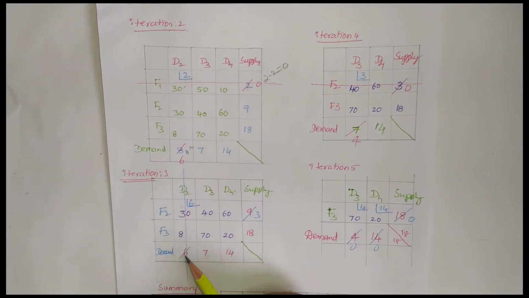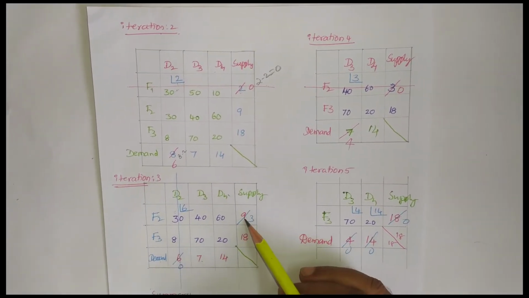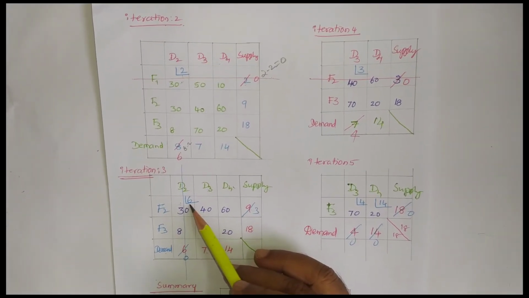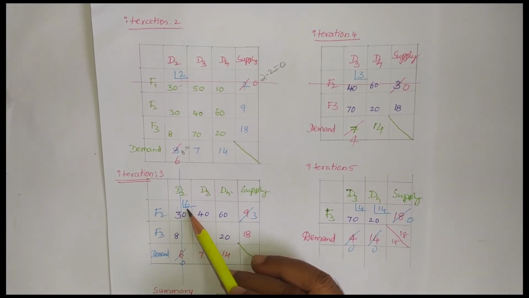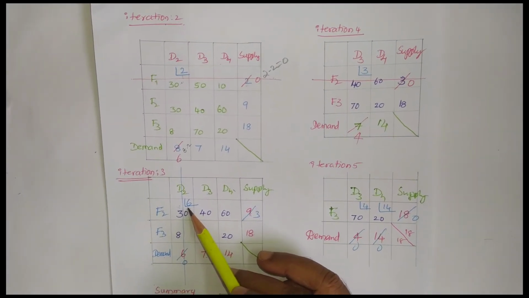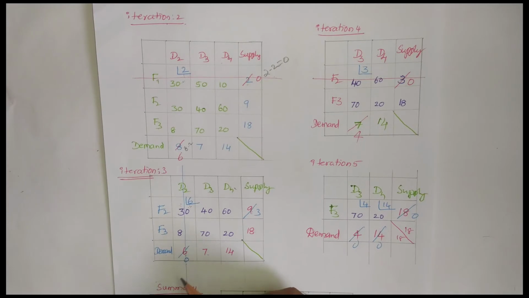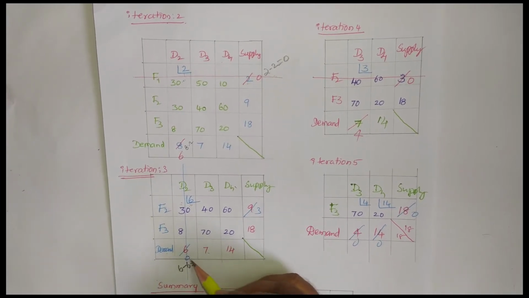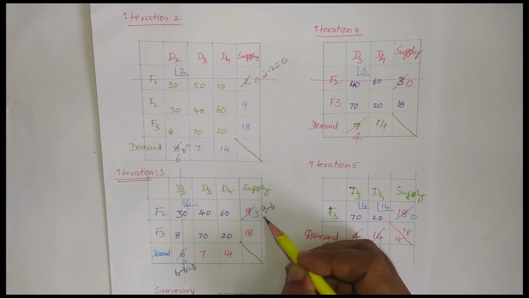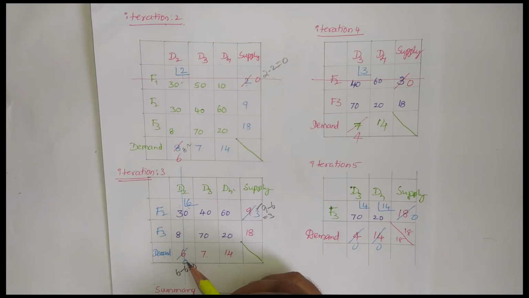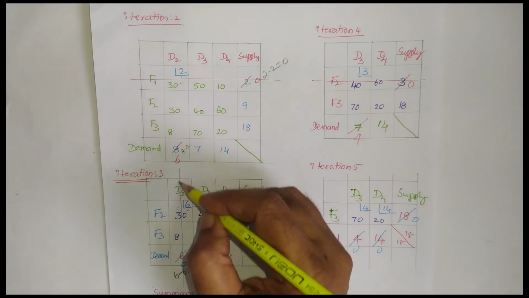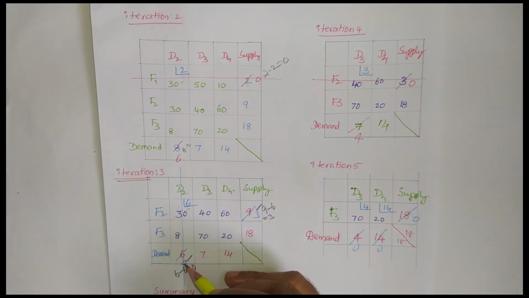For this cell demand is 6 units and supply is 9 units, so we allocate 6 units to this cell. After allocation, demand is 0 because 6 minus 6 is 0, and supply is 9 minus 6 equal to 3. So supply is 3 and demand is 0. This D2 column is deleted for the next iteration.